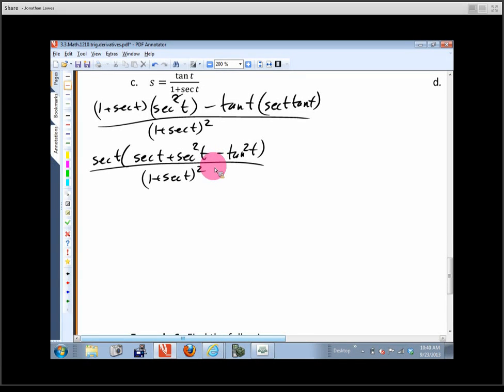So it was the sine squared of x plus the cosine squared of x equals 1. I don't have any sines or cosines, but I do have secants and tangents. How can I make secants and tangents out of this? Yeah, divide by cosine squared, right? So that's going to be tangent squared x plus 1 equals secant squared x. We'll take a good look at this.